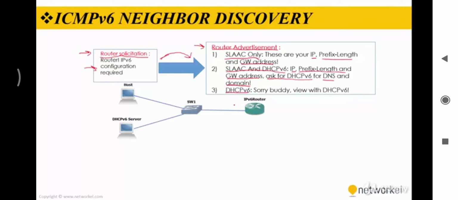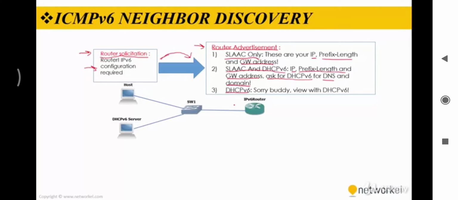And in addition to the router solicitation and router advertisement messages, we have the neighbor solicitation message. It is sent to the multicast address of a neighbor whose MAC address is unknown when a device knows the IP version 6 address. That is similar to IP version 4 ARP.